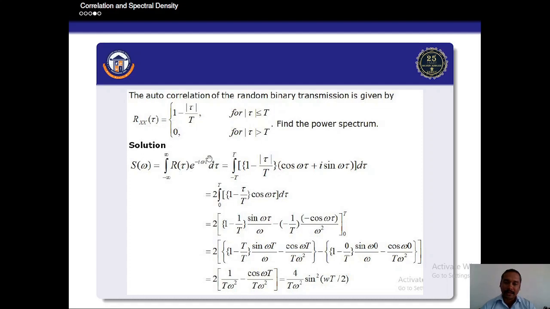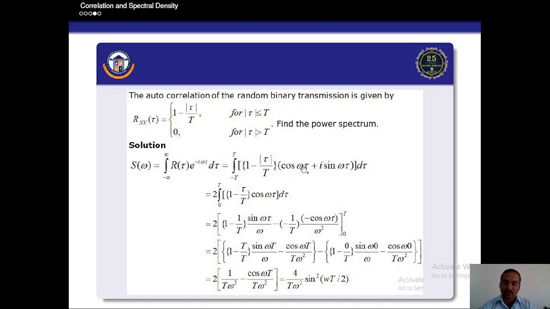And then expand this term e power minus i omega tau. That means cos omega tau minus i sin omega tau d tau. Now use the concept of definite integral. So this is an even function of tau, because tau is given in the form of modulus.